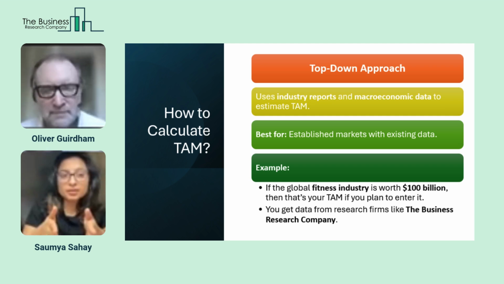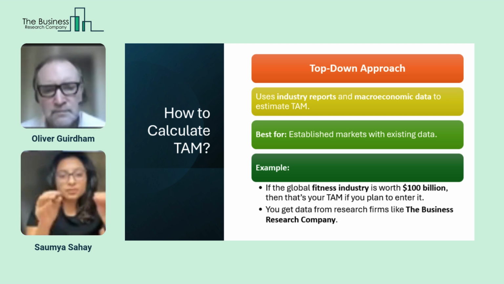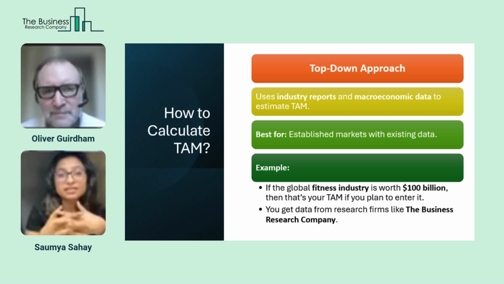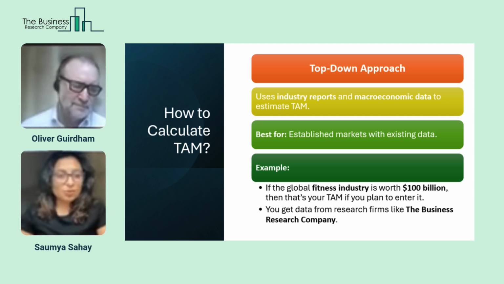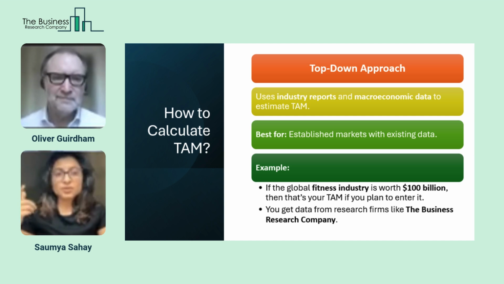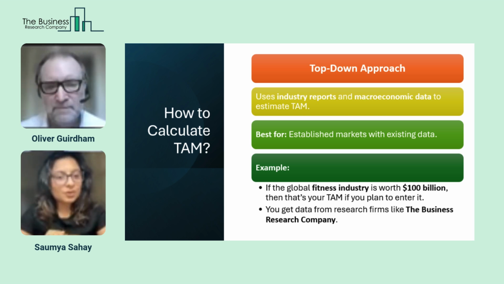You have to further segment it down and then look at the geographies where you might be able to sell, and then look at the market sizing information that's available for you. That's where you need to find a market research provider that gels well with your requirement. So if a company is selling you a global fitness market report, that's not what you want to look for. You want to look for a gym equipment market report. So that's the top-down approach.